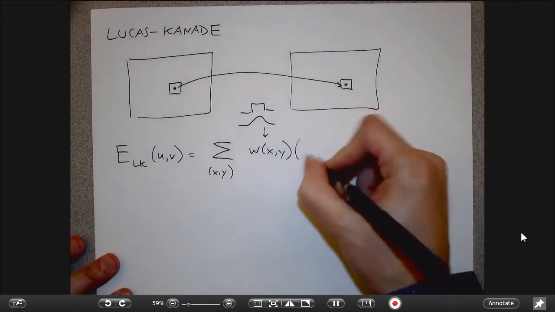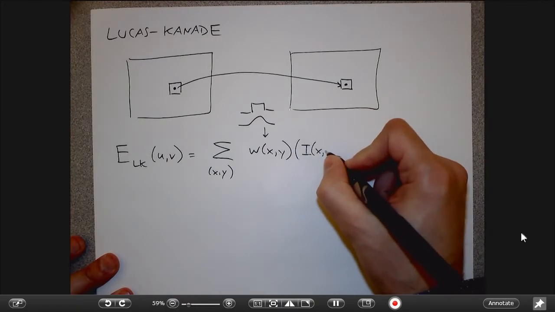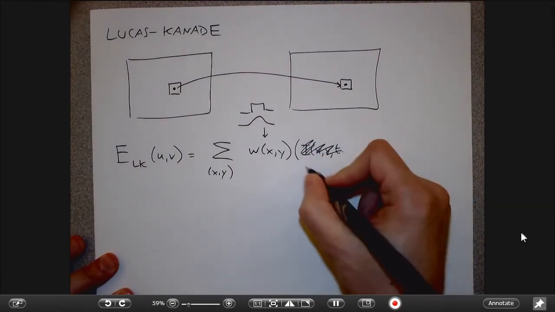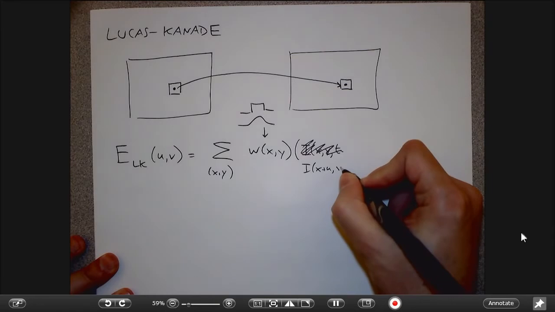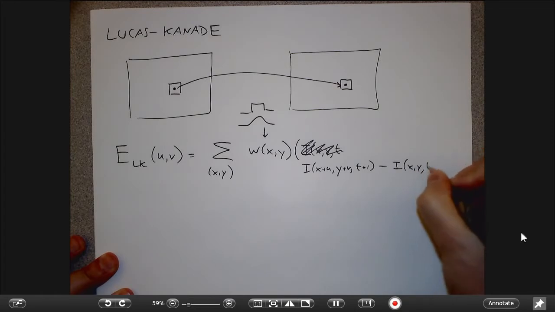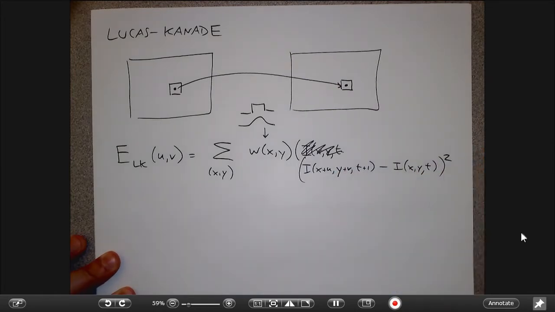And then within that region, I want to look at the pixels here and the pixels over here, and I want to minimize this energy function, right? That's like saying that over the window, I want this number to be as small as possible. That's like saying, again, I'm using the brightness constancy assumption, but I'm making the implicit assumption that locally the UV vectors inside that window are all the same for that local neighborhood. Okay.